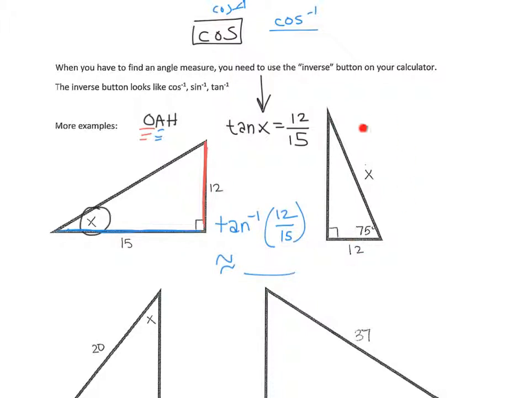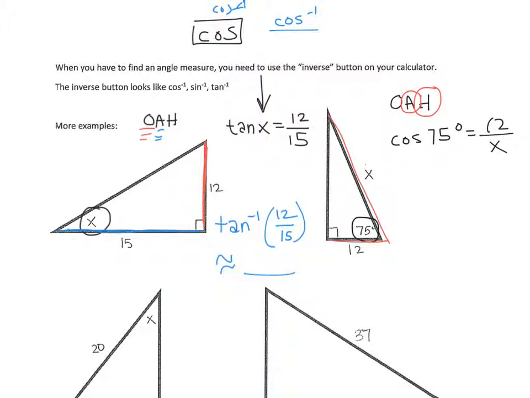In this example, I'm not trying to find an angle, so I know I'm not going to use the inverse button. I'm still going to write OAH. I look at the degree measure I'm given, and I want to know the hypotenuse, and I already know the adjacent. So I'm going to use cosine. The cosine of the angle, which is 75 degrees, equals adjacent 12 over hypotenuse x.